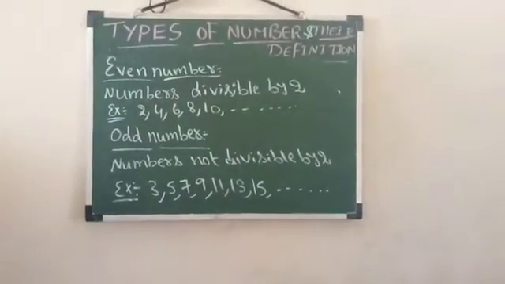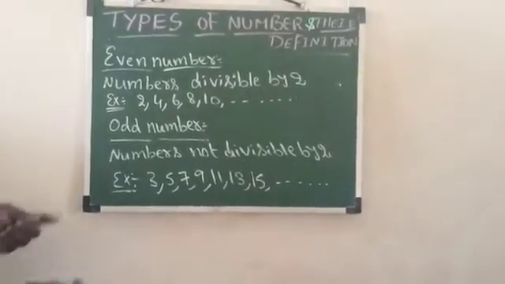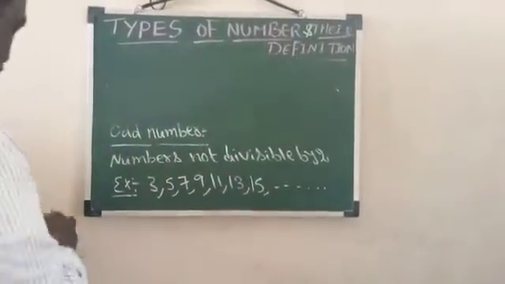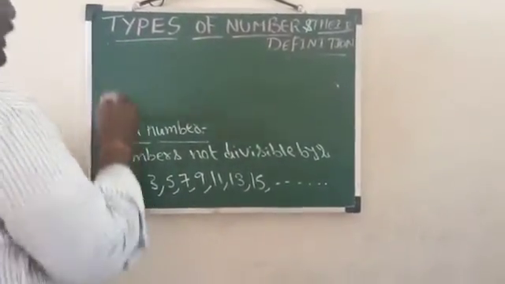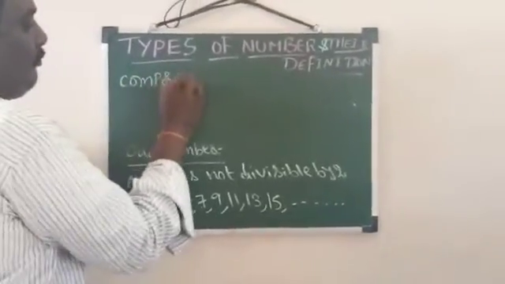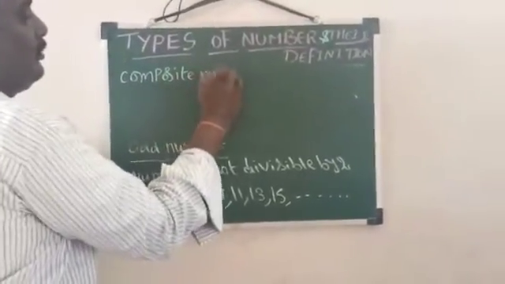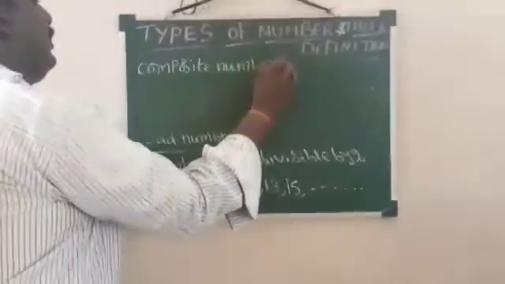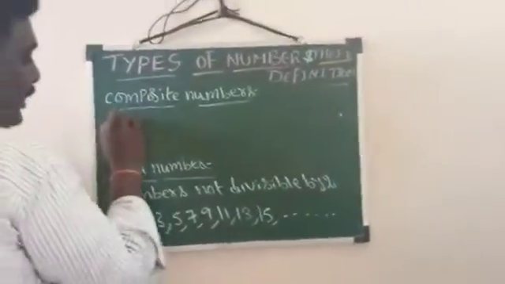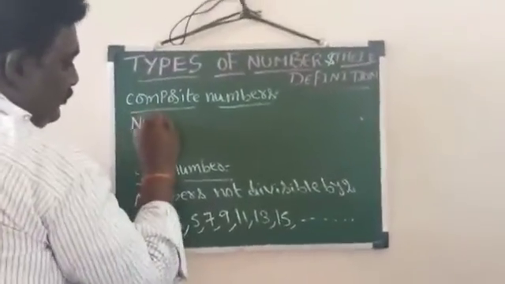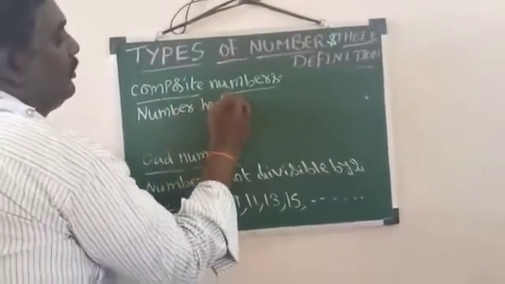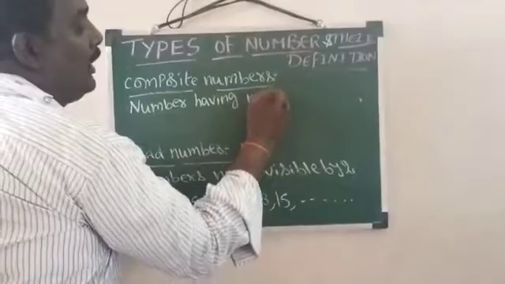Next is composite numbers. A composite number is a number having more than two factors.